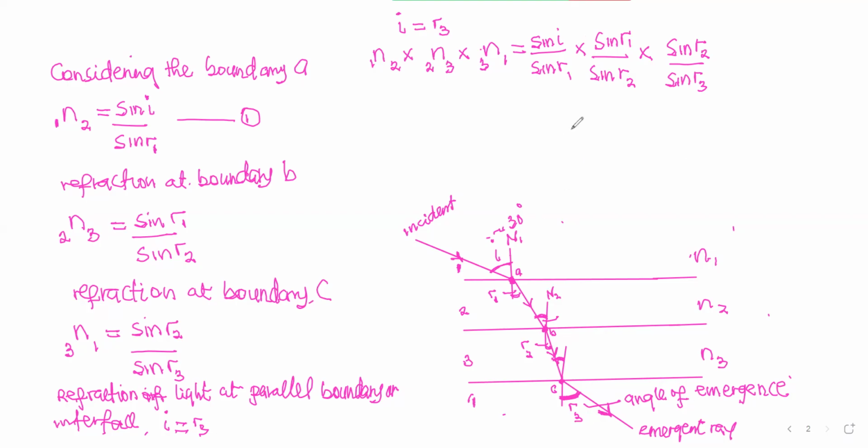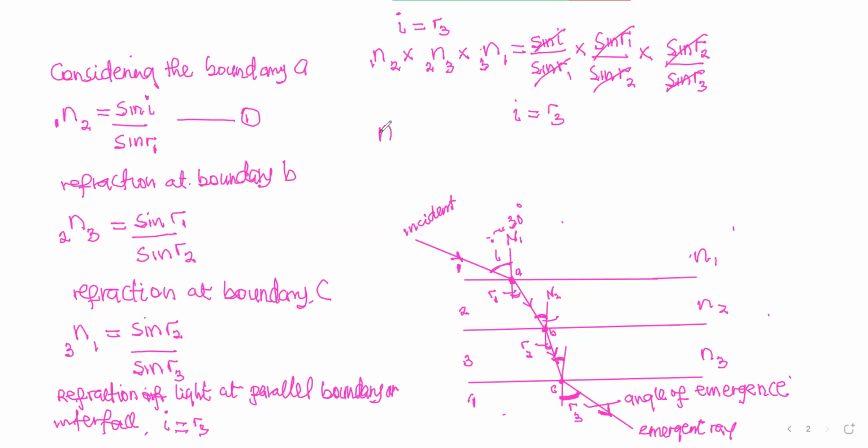Now, you realize that this will cancel this. This would also cancel this. And because I is equal to R3, sine I would also cancel sine R3 because they are equal.